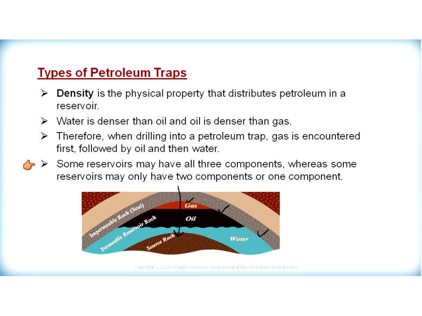Some reservoirs may have all three components, whereas some other reservoirs may only contain two components, or some reservoirs may only contain one component. But in most reservoirs, we see water at the bottom of the reservoir overlain by lighter density oil, which is then further overlain by the lightest density of gas.